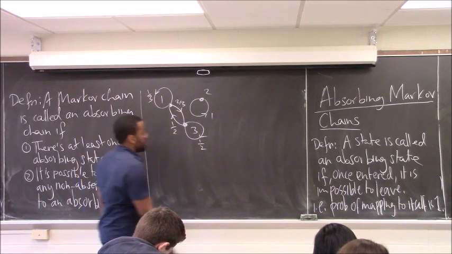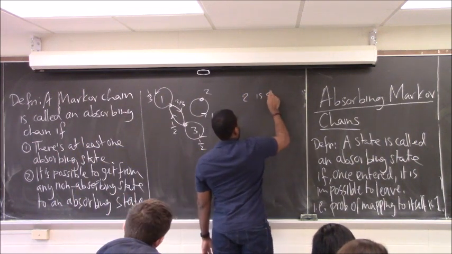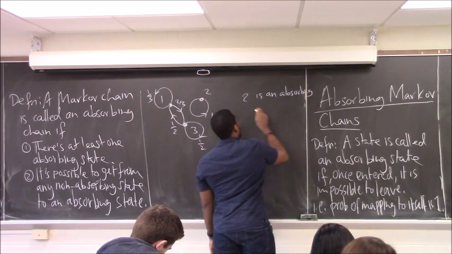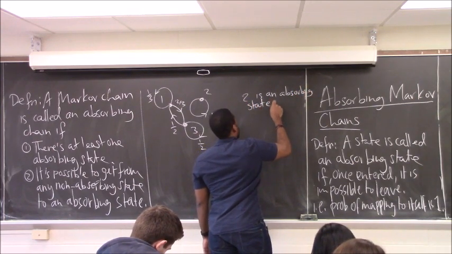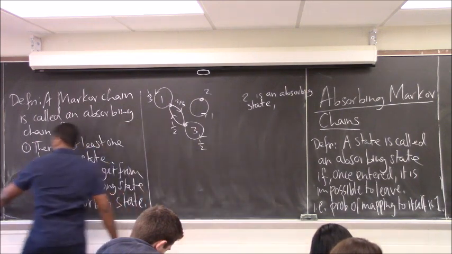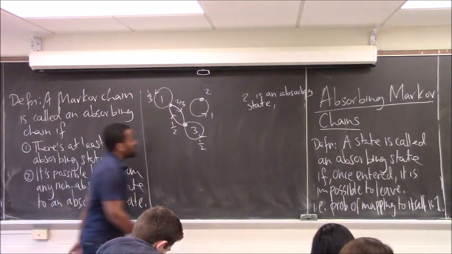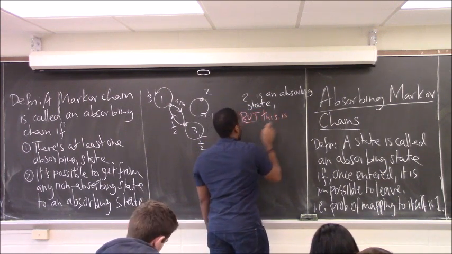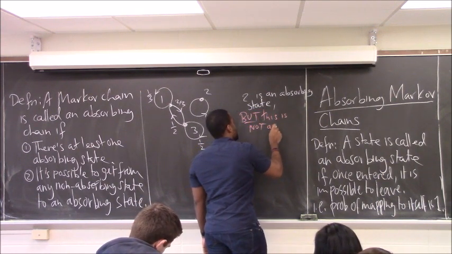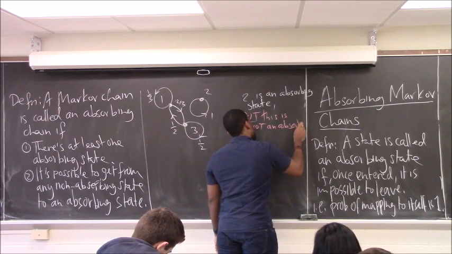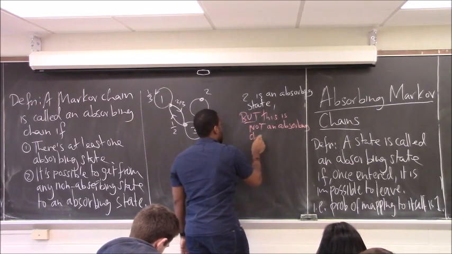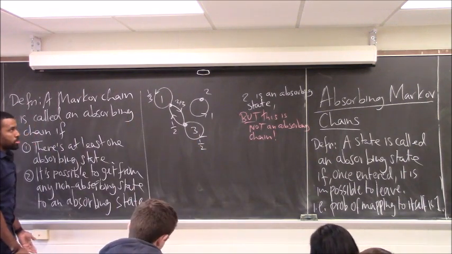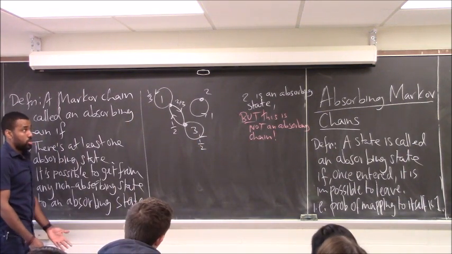So here, you'll notice 2 is an absorbing state. But the chain itself is not absorbing, because it's not possible for me to go from one of the non-absorbing states to an absorbing state.